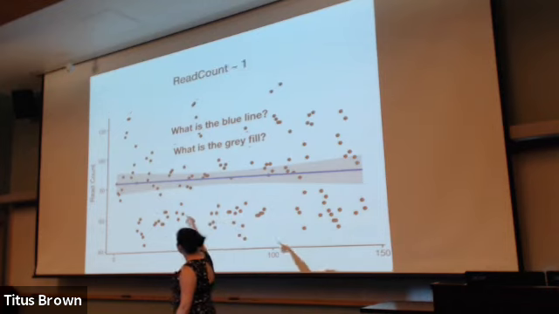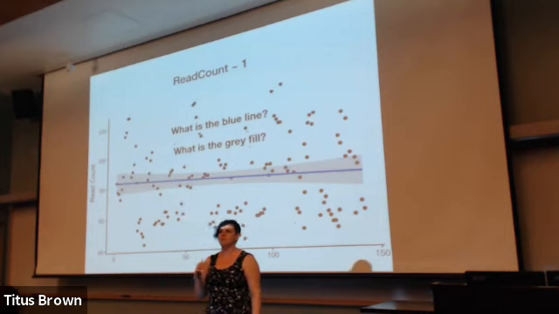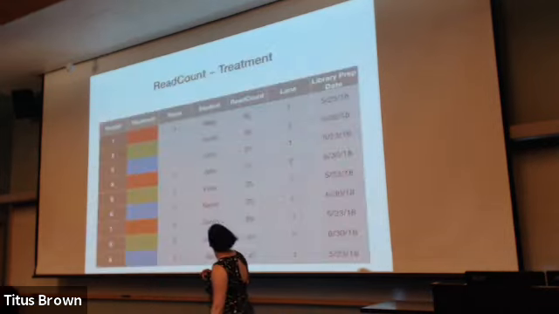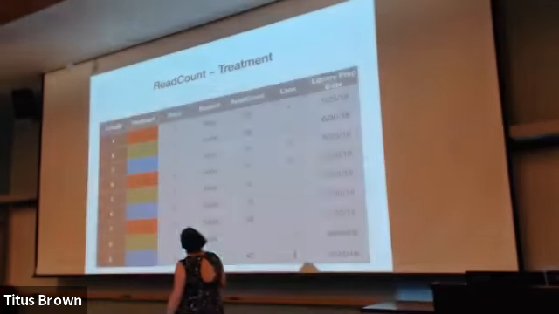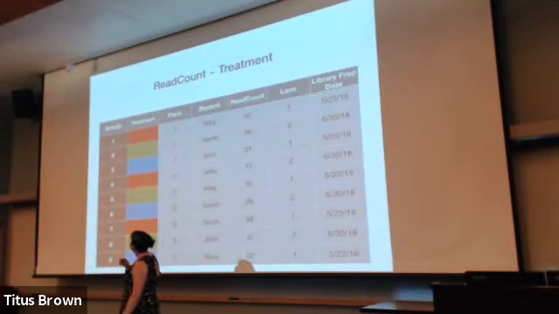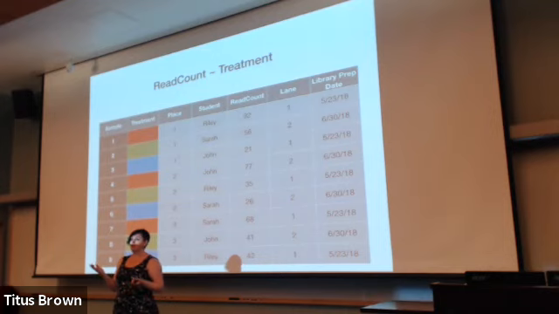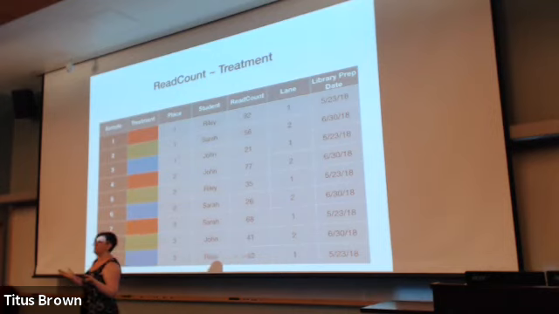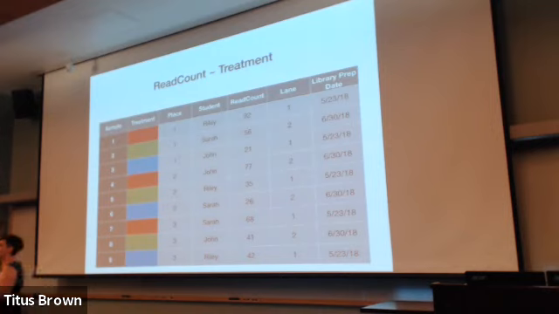So this is if I took read count and modeled it by 1. That is the model we're using right now. If I model by treatment, that would be a useful thing to do, right? Because what we care about when we're doing an experiment is whether our treatment did something.